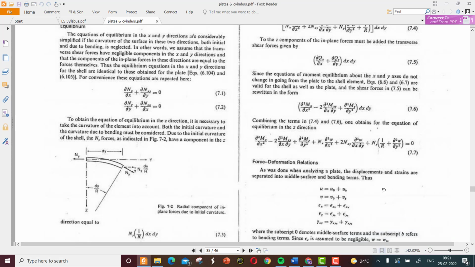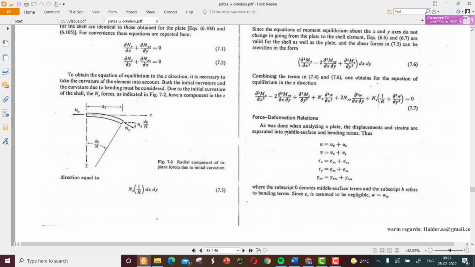Now we have the force-deformation relations, and like we did for the plate, the displacements and strains are separated into the middle surface and the bending terms. Thus the total displacement is equal to the initial planar deformation plus that due to bending, and the strain in the x direction, the strain in the y direction, and the shear strain are also taken as the addition of two different deflection effects.